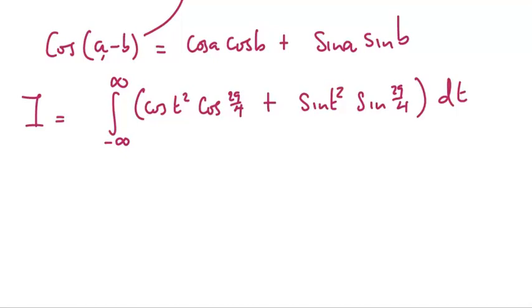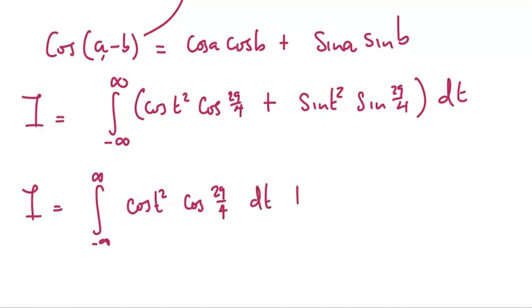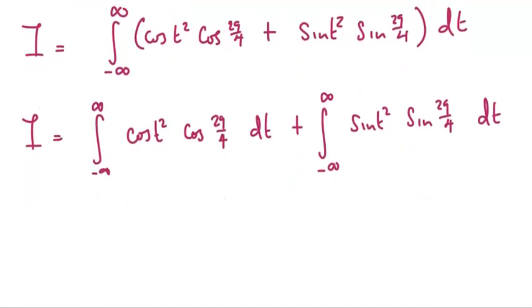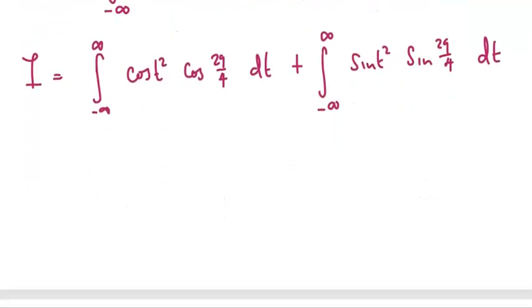Now, from here, I is equal to the integral from negative infinity to positive infinity of cosine of t squared multiplied by cosine of 29 divided by 4 dt, then plus the integral from negative infinity to positive infinity of sine of t squared multiplied by sine of 29 divided by 4 dt. Now the constants, we're taking them outside.